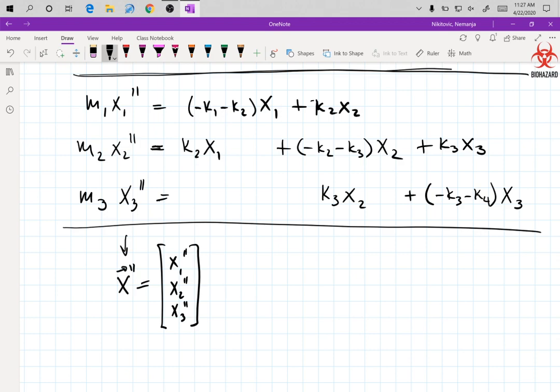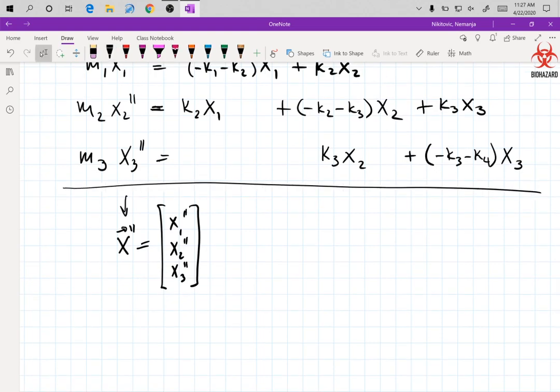We actually have to make coefficients m, which are the masses, times the identity matrix, which is a 3 by 3 square matrix. So we have to make capital M times x double prime, and capital M is going to be the matrix of the masses.